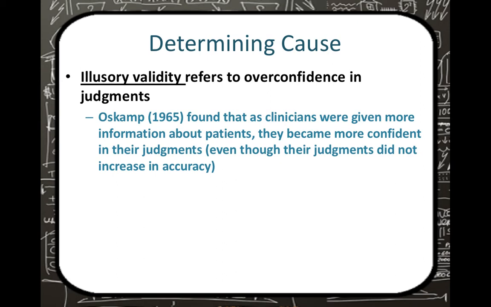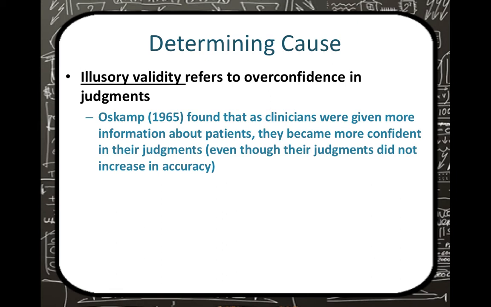So objective versus subjective. Objective means almost like you can observe it directly. You can measure it. Versus subjective is a feeling, right? So overconfidence in judgments is called illusory validity. You think something's valid, but it's just an illusion.